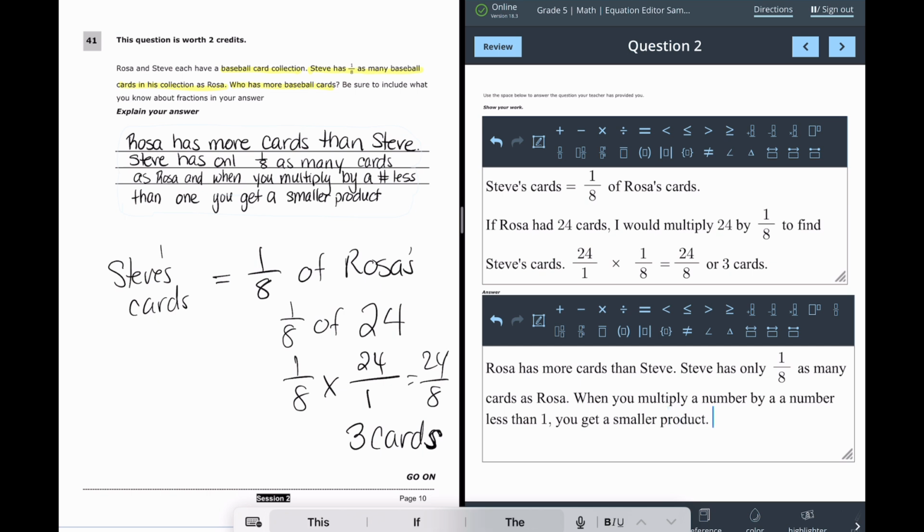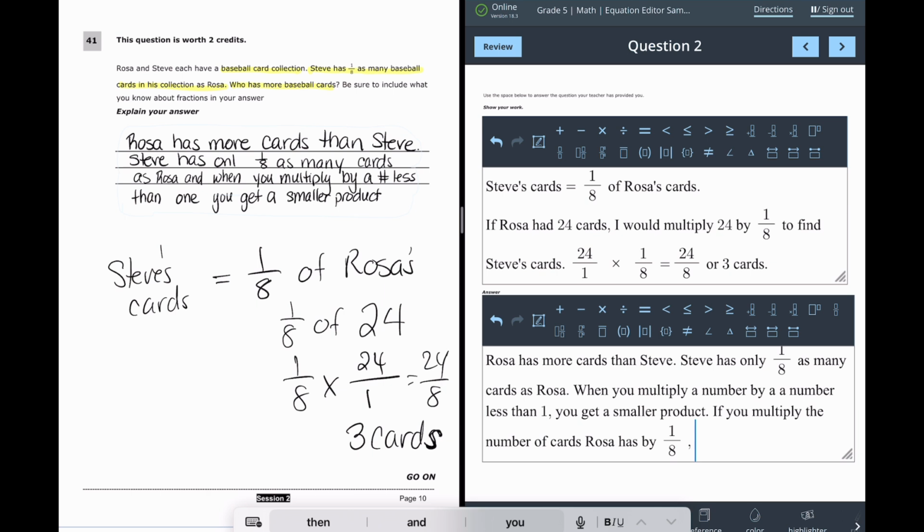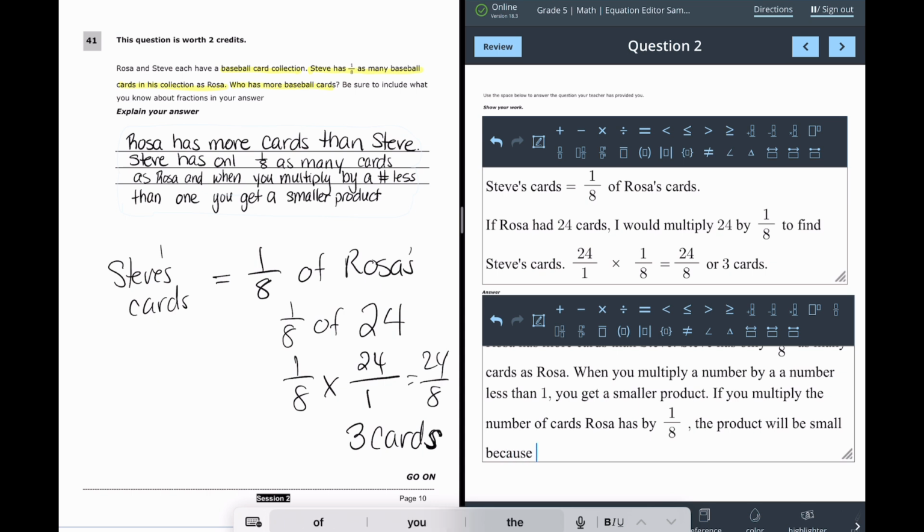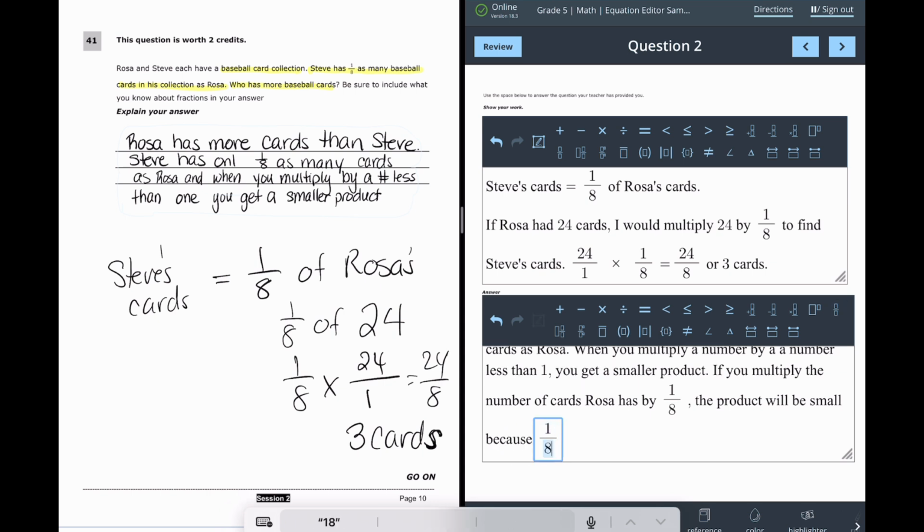I'm even going to add a new sentence. If you multiply the number of cards Rosa has by 1/8, the product will be smaller because 1/8 is less than 1. Alright, and that's it.